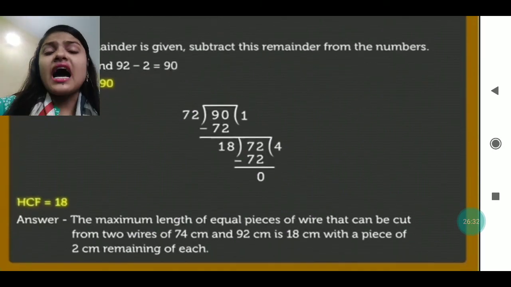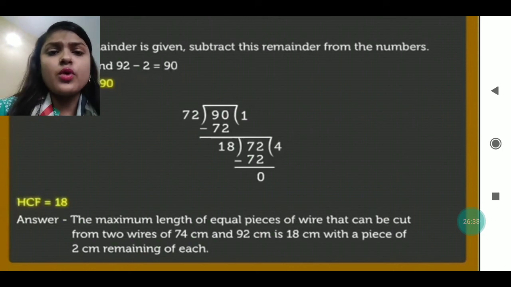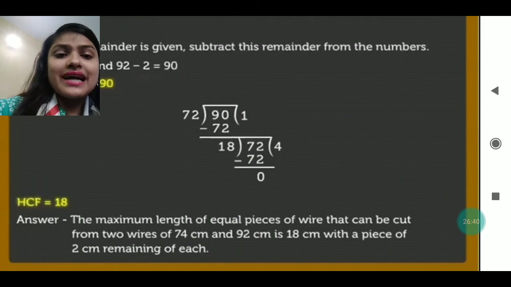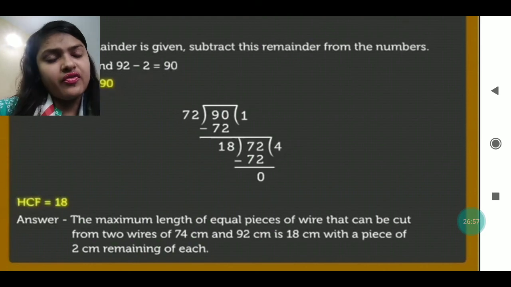So what is the highest common factor of the given problem? 18 is the highest common factor of the given word problem. So what will you write? The maximum length of the equal piece of wire that can be cut from the two wires of 74 and 92 centimeter is 18 centimeter, with a piece of 2 centimeter remaining of each.